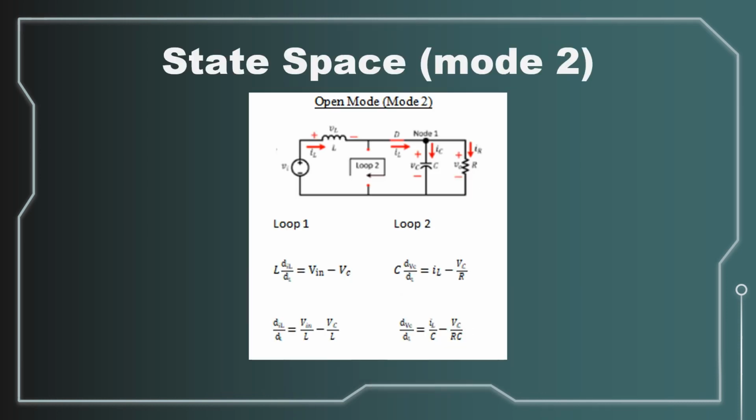And then this is state space mode 2. Loop 1: L multiplied by dIL over dt equals Vin minus VC, so dIL over dt equals Vin over L minus VC over L. For the second loop, C multiplied by dVC over dt equals IL minus VC over R, so dVC over dt equals IL over C minus VC over RC.